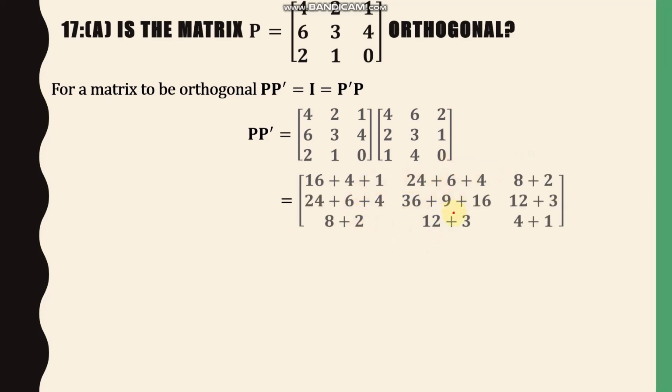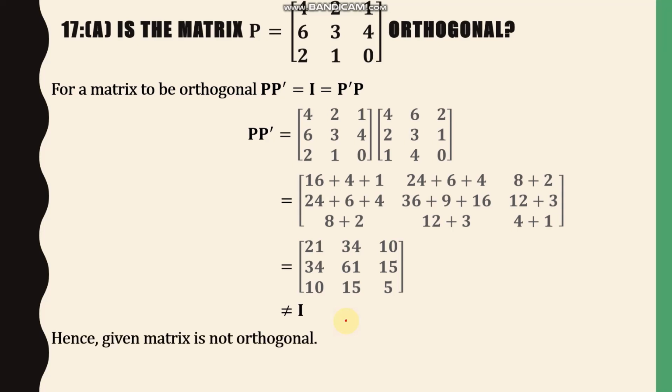You can multiply them and you'll get 21 34 10; 34 61 15; 10 15 5, which is not equal to the identity matrix. It should come out equal to the identity matrix if the given matrix is orthogonal, but it's not, so the given matrix is not orthogonal.